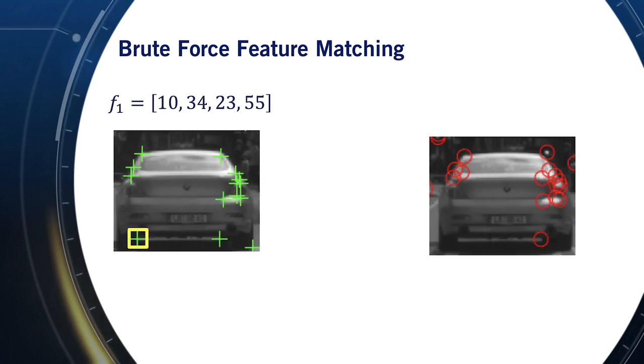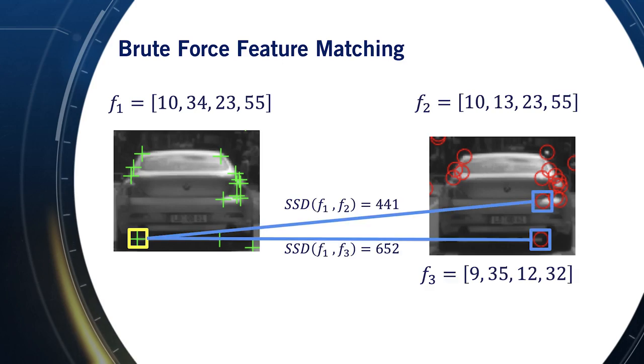Now let us consider a second case where our feature detector tries to match a feature from image 1 for which there is no corresponding feature in image 2. Let's take a look at what the brute force approach will do when our feature detector encounters this situation. Following the same procedures as before, we compute the SSD between the descriptors of a feature f1 in image 1 and all the features in image 2.